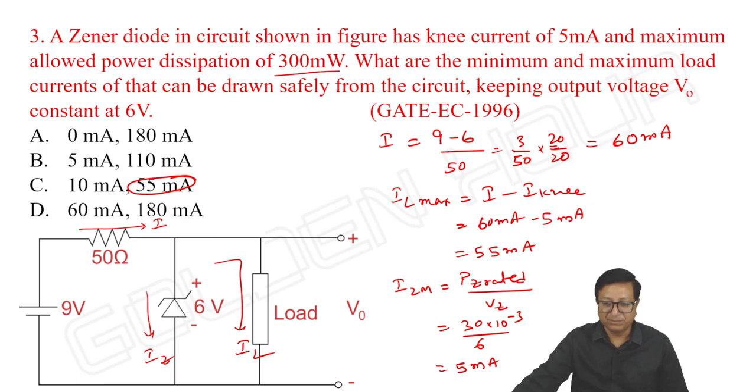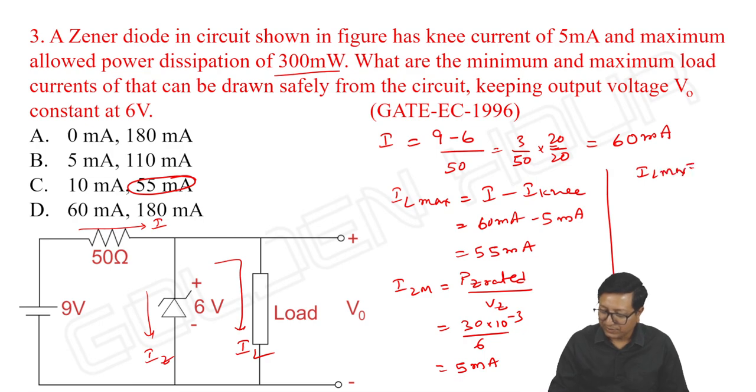IZM we have got. Once you get IZM, then I can write IL minimum is equal to I minus IZM. Sorry, IL minimum.